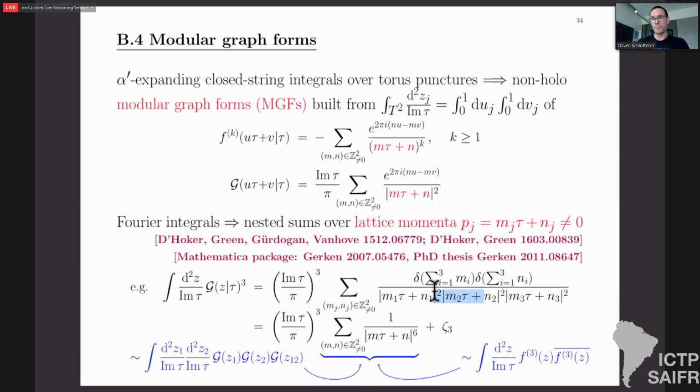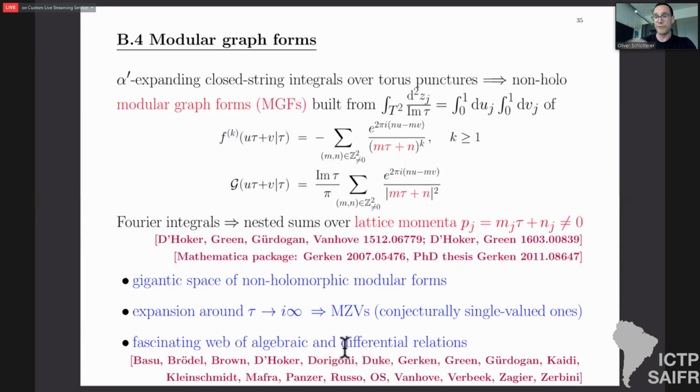And there are a lot of surprises, such as how many summation variables do you really need? There are many situations where you can simplify and say, remove some of the summation variables in favor of a simpler sum in the second line. So there are many relations among these modular graph forms that are far from obvious in the lattice sum representation.